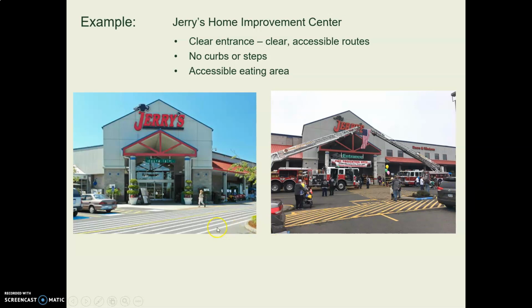There are accessible pathways clearly marked next to the accessible parking spaces. There's a clear pathway from there to the front door. The front door has no step. It has electrically activated doors that slide, so when you walk or roll up to the door, it automatically opens. Everyone uses that entrance the same way.